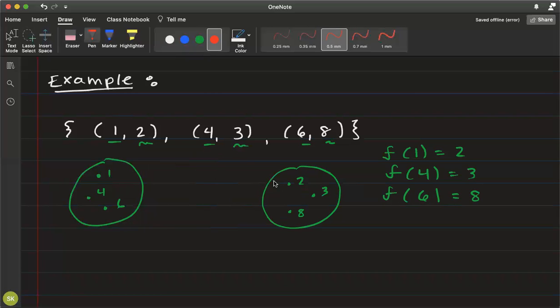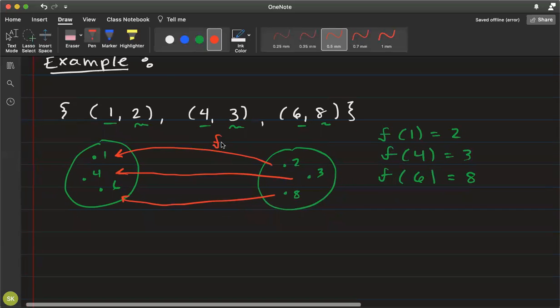So this time, 2 will go to 1, 3 will go to 4, and 8 will go to 6. So our inverse function, which we label as f with a -1 in the power, f inverse of 2 is equal to 1, f inverse of 3 is equal to 4, and f inverse of 8 is equal to 6.